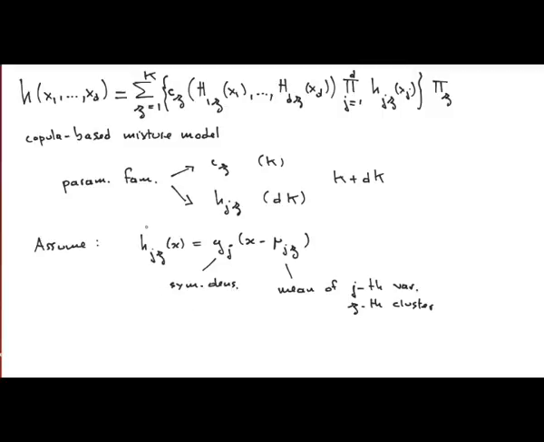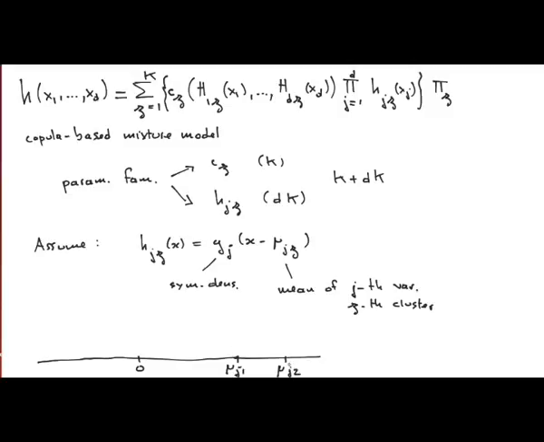So what does this mean? Let's draw a picture. Here I have 0, here I have mu J1, and here I have mu J2.